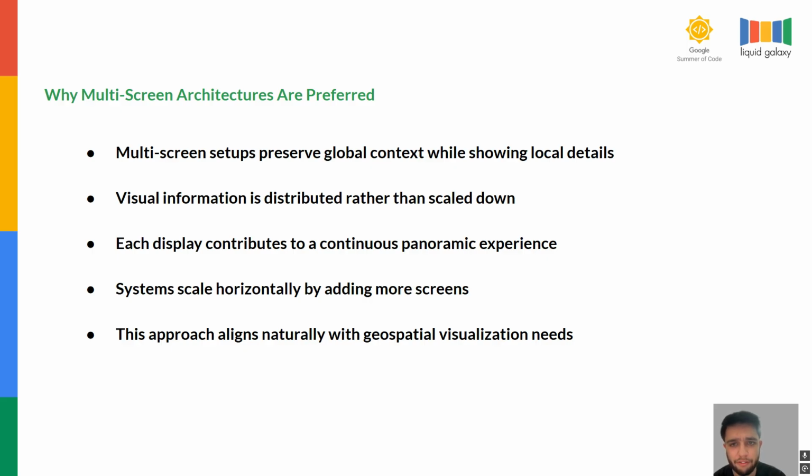Another major advantage is scalability. Basically, the system can grow simply by adding more screens. This approach aligns naturally with geological visualization, where continuity and relationships are critical. So now we'll go to the next slide.